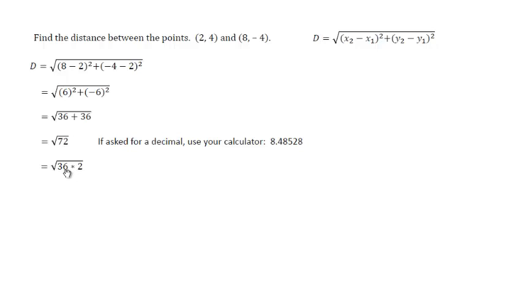And in this case, 36 times 2 is 72. You can separate these, the rule of the product inside of a square root. You can separate the factors. The square root of 36 being 6, so a reduced form of the square root of 72 is 6 times the square root of 2.